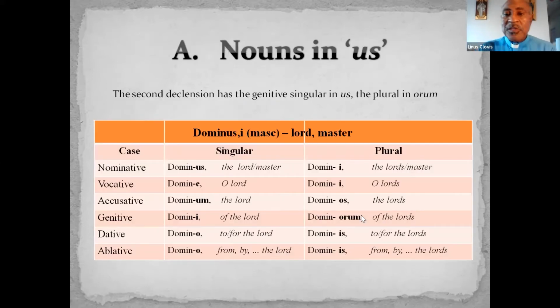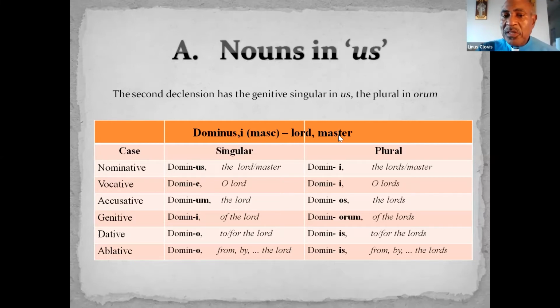Okay, so we go to our little table. And these are nouns ending in US. Of course, the second declension, as I said, has its genitive in I and the plural is orum. So we've taken something everybody knows, Dominus, the Lord.